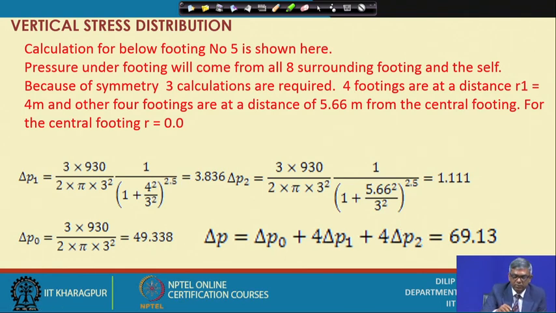The calculation for below footing number 5 is shown here, as I have already mentioned. The pressure under the footing will come from all 8 surrounding footings and the self, that means the middle footing, and because of symmetry 3 calculations are required.